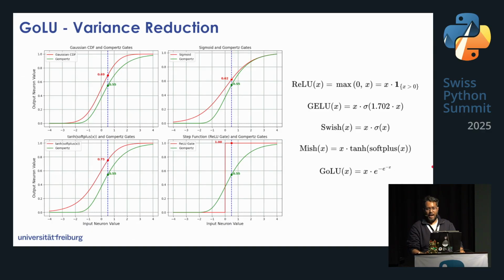Now, you might wonder, how do we reduce variance? This can be visualized when you plot the respective S-shaped gate. So in all these plots, you will usually observe that the gate for GoLU, which is the Gompertz function, is always slightly towards the right-hand side, which naturally follows from the standard Gumbel distribution.